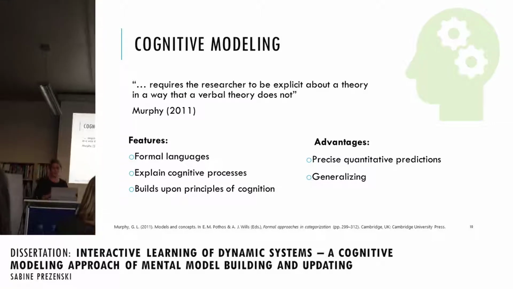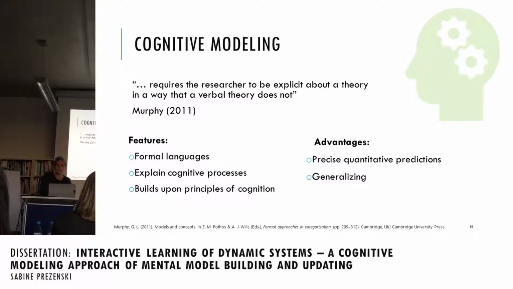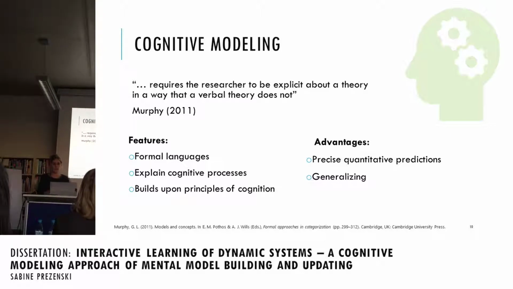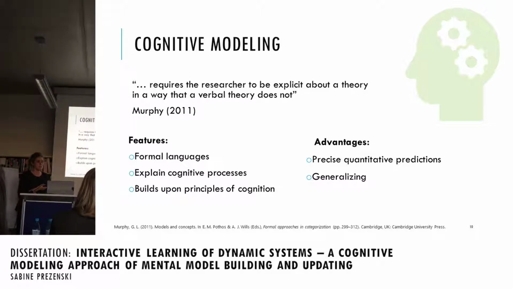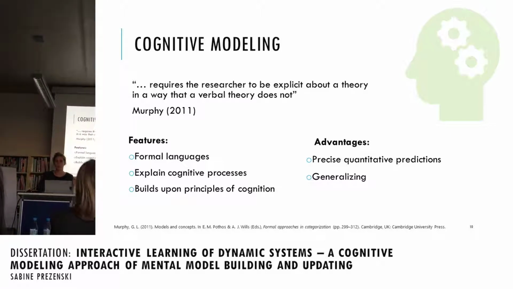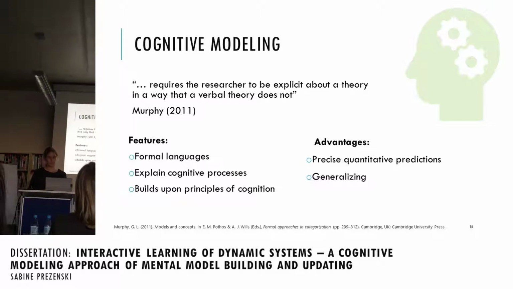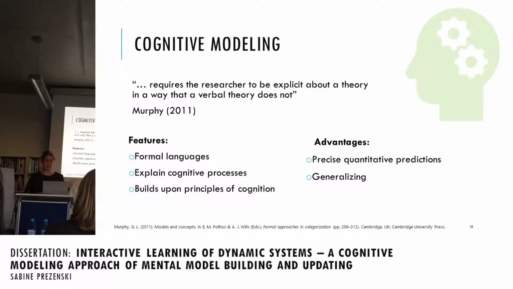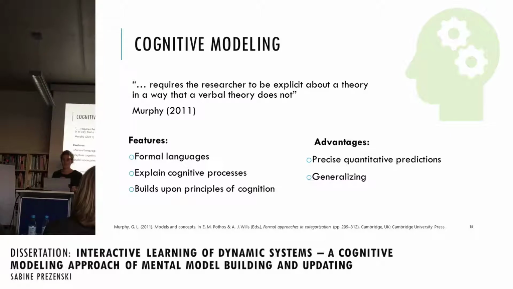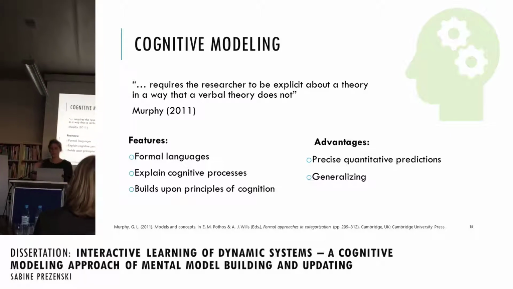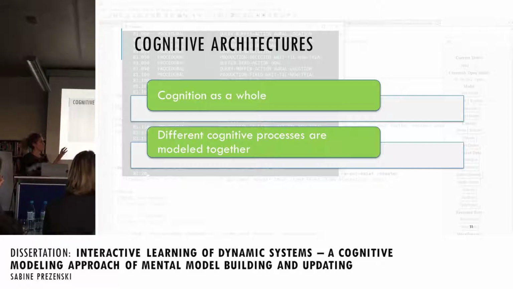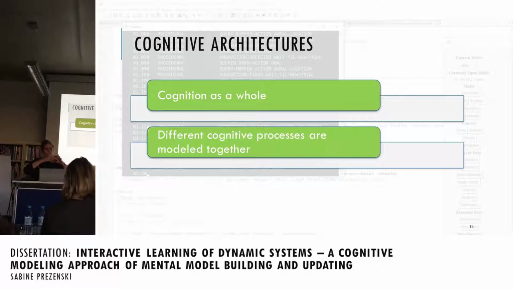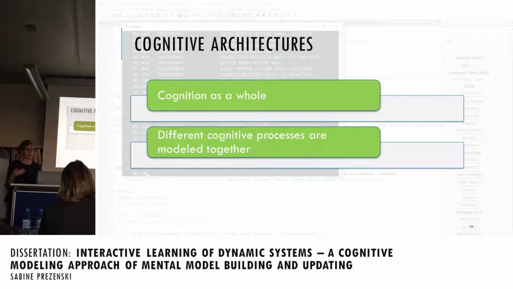Cognitive modeling requires the researchers to be explicit about a theory in a way that verbal theories are not. So important features are using formal language, explaining cognitive processes, and building upon the principles of cognition. And advantages are that you have precise quantitative predictions and the models are generalizable. One modeling approach that allows us to model cognition as a whole is using a cognitive architecture.